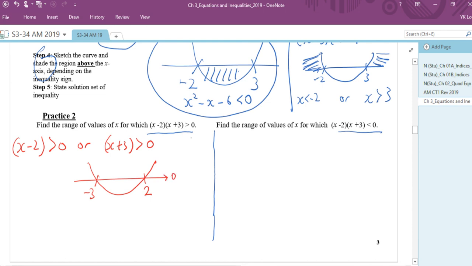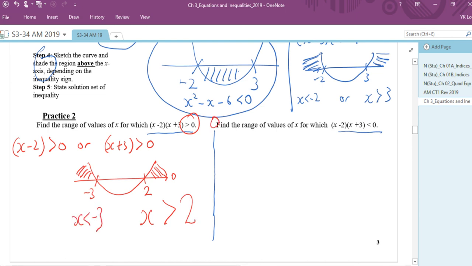So, my question is, how do I read this? Isabel? More or less? More. More, choose on top or below? On top. So I choose on top, that means I will want to choose everything here, everything here. So x will be more than 2. X will be less than -3.